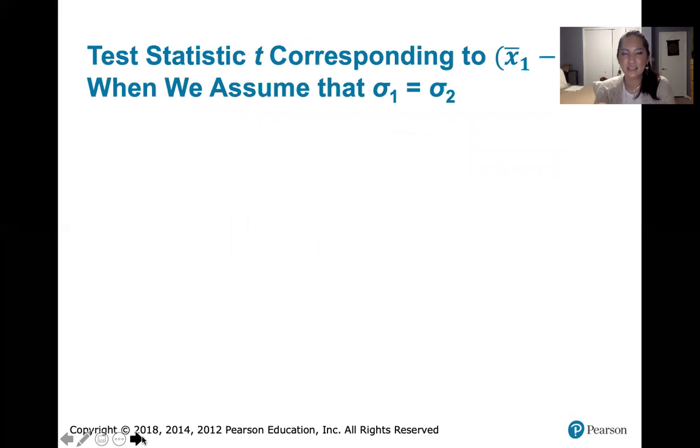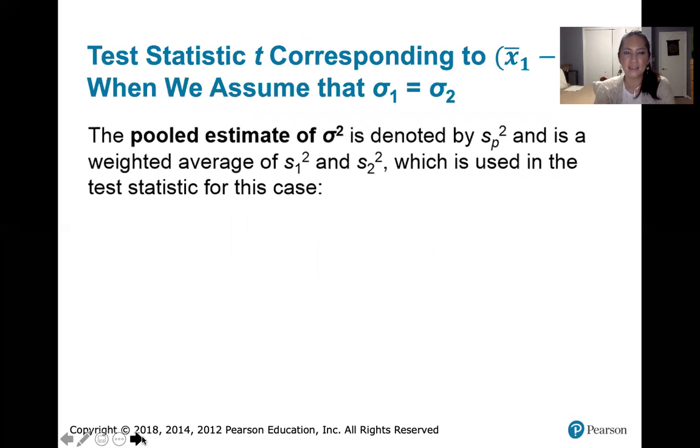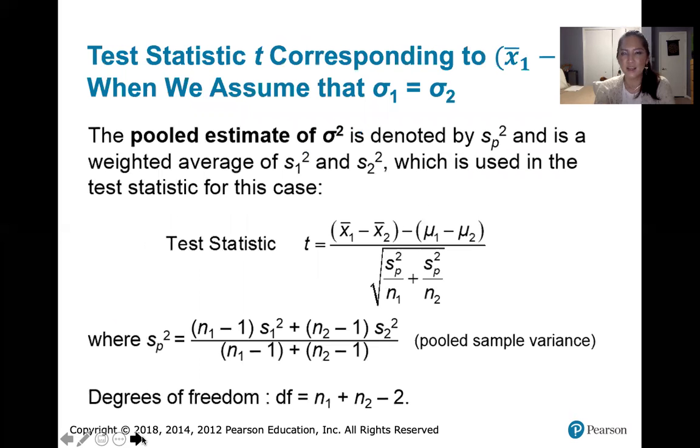Now, in this case, our test statistic is given by this formula. Notice that it's almost identical to the test statistic that we used before, but before we had S sub 1 squared here and S sub 2 squared here. So those were the sample standard deviations squared, so sample variances for the first sample and the second sample.